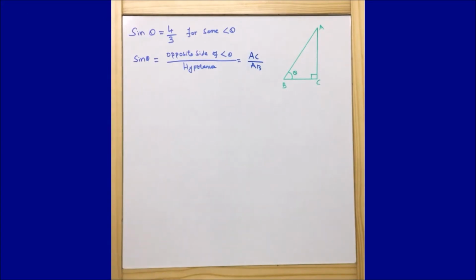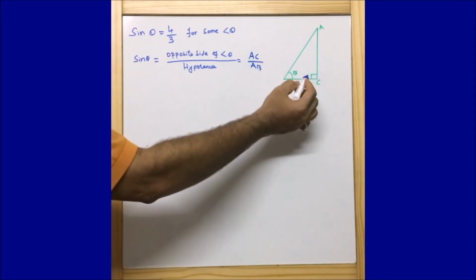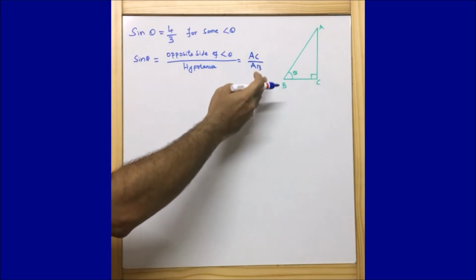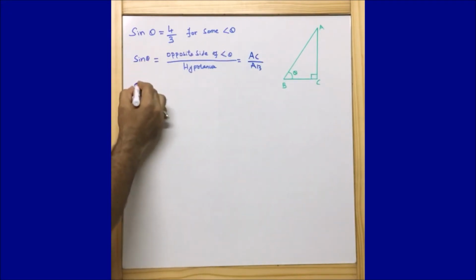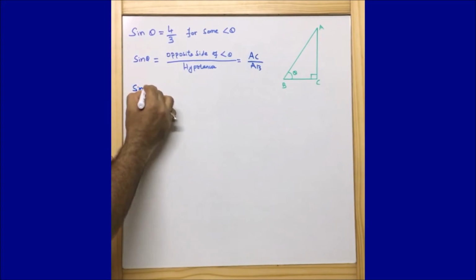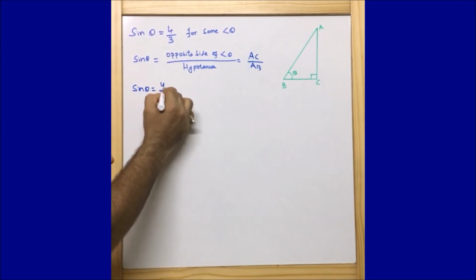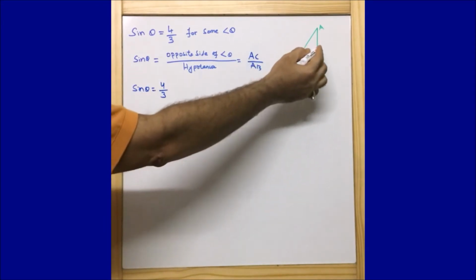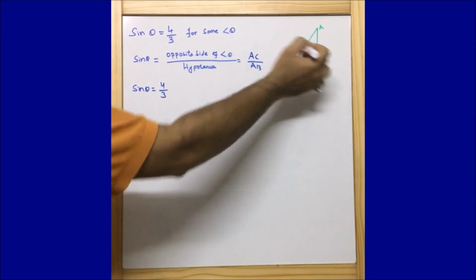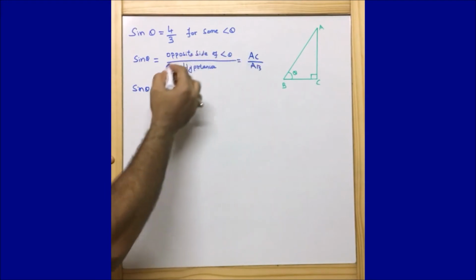So guys, what do you observe? In a right angle triangle the hypotenuse is always greater than the other two sides. Now here it is given that sin theta is equal to 4 by 3, but how can AC be 4?